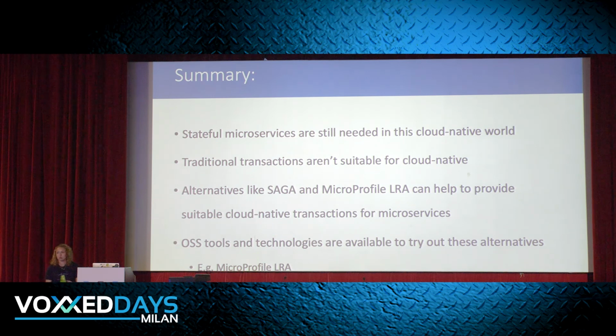We do have scenarios where this is still required, and we can't necessarily always just rely on the traditional types of transactions that we might once have. But there are alternatives, for example, the Saga pattern and open source tools like MicroProfile LRA that can help us to be able to do this. Hopefully it's easy for you to at least try it because it is all open source and free. So please do go have a look if you're interested.